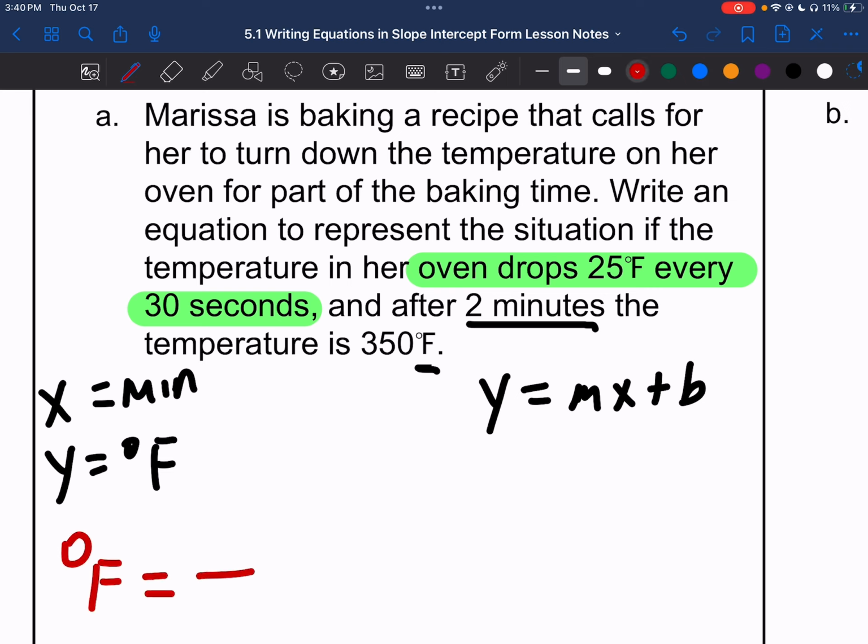And we need to make sure the fact that we are decreasing, the temperature is dropping, so it's going to be a negative 50 times 2. So that's a negative 100. And the opposite of minus 100 is to add 100 to both sides. And we get 450 is equal to b. And so when I write my equation, it's just y is equal to negative 50x plus 450.